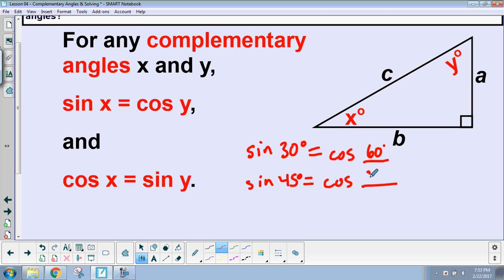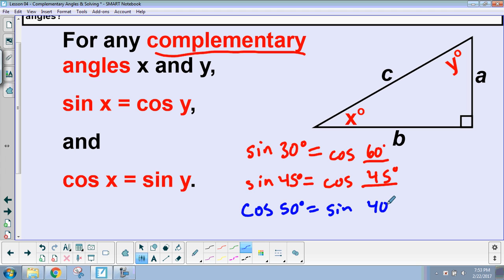Because 45 plus 45 is 90 degrees. We're all just chasing this idea of complementary, okay? And it goes the other way. If I had cosine, and if I put 50 degrees here and I ask for the complementary trig function for this one, you would say sine 40, because again, 50 plus 40 equals 90 degrees.